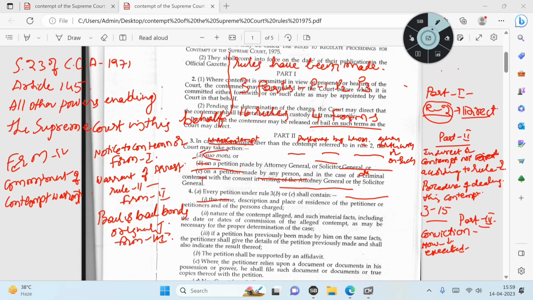Number 1, suo motu. Number 2, on a petition. Who has to make the petition? This petition may be made by the Attorney General or Solicitor General, or even other than them, any person.